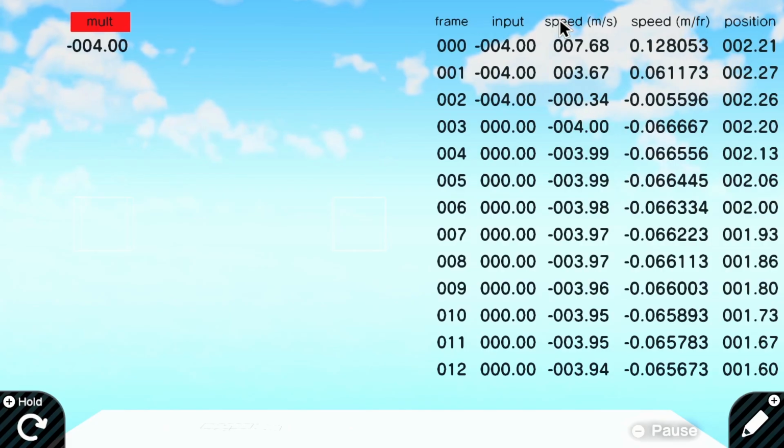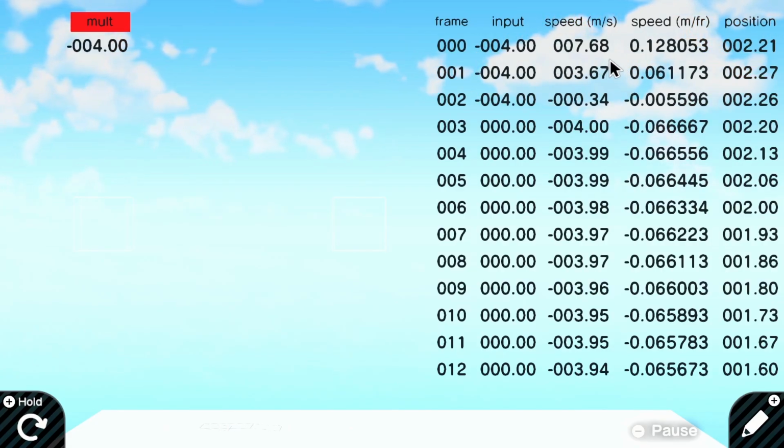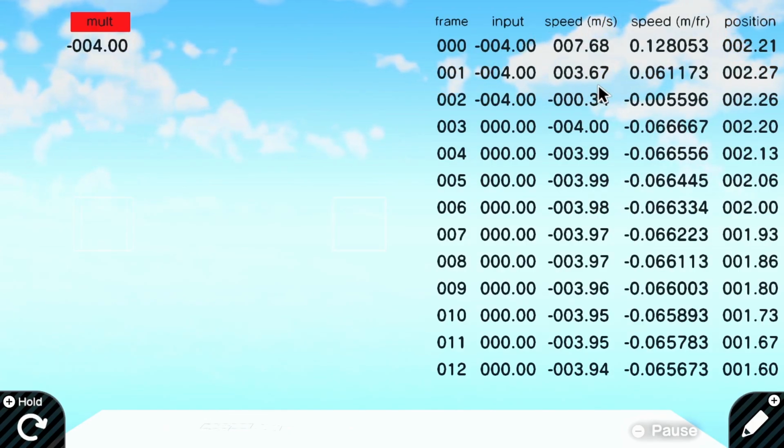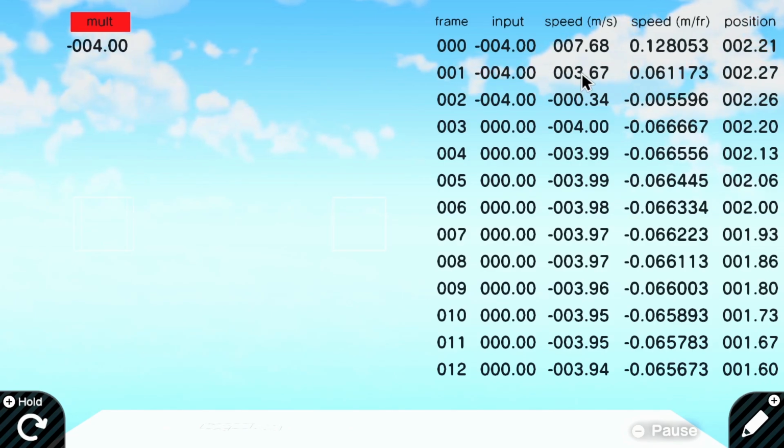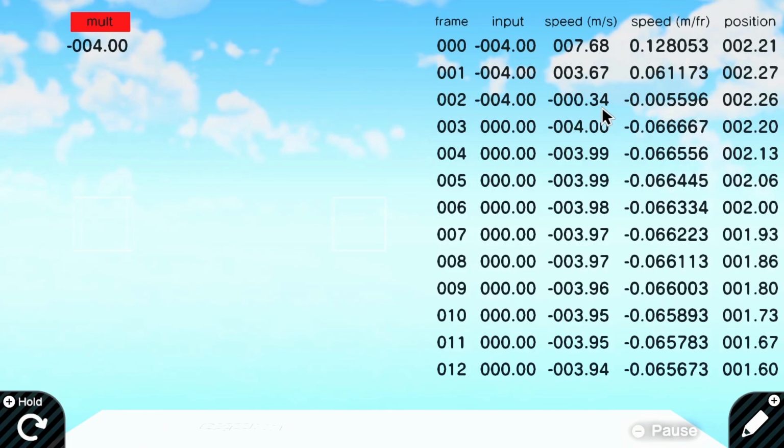So 7.68 minus 4 is 3.67, or 3.68, minus the small amount. And 3.67, we still haven't reached negative 4, so it doesn't do anything there. Same here, it subtracts 4, negative 0.34. Then here it subtracts 4 again.